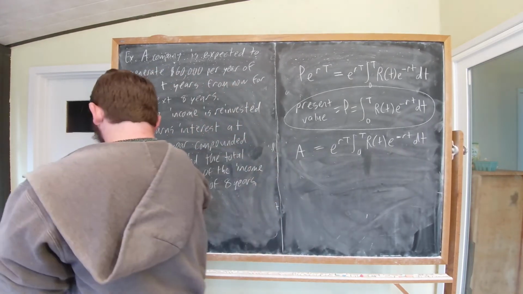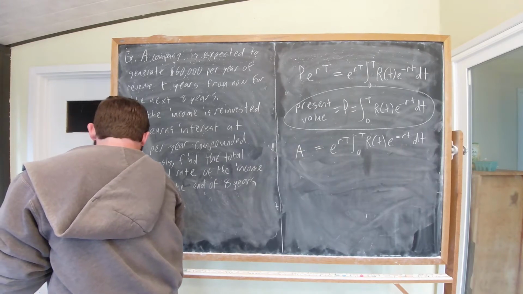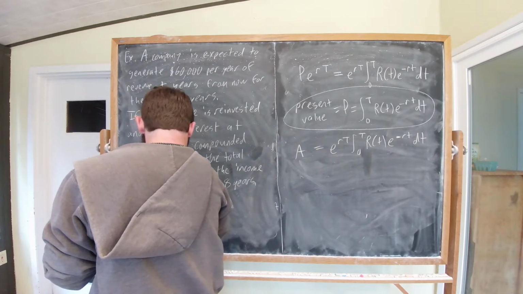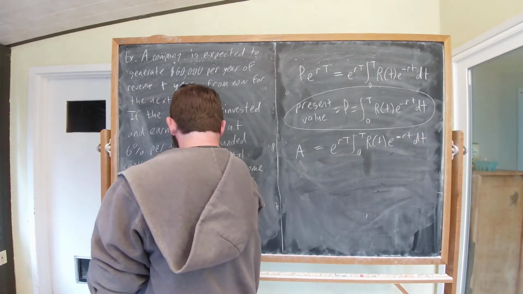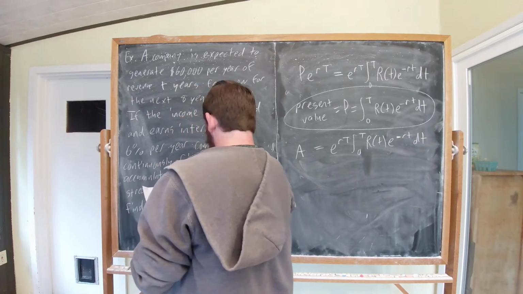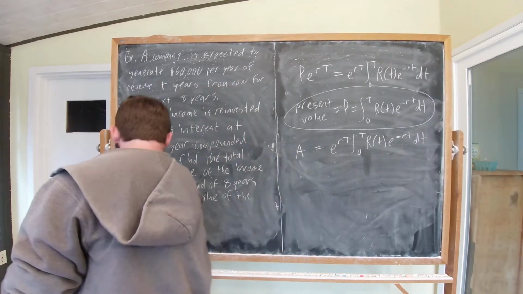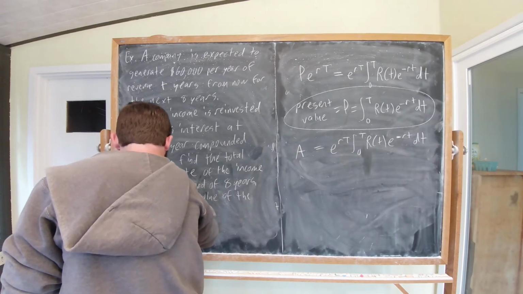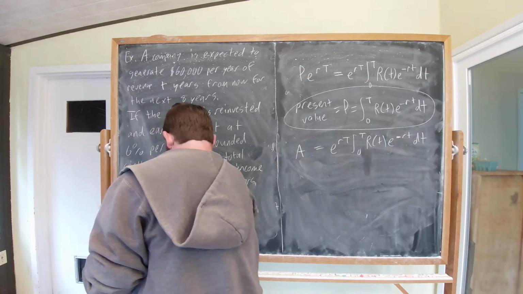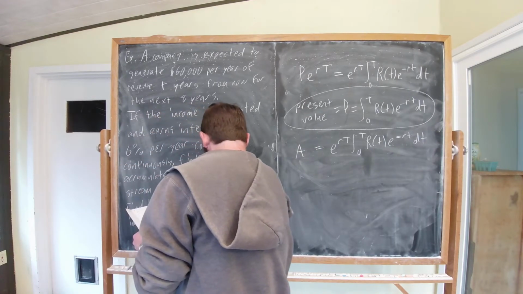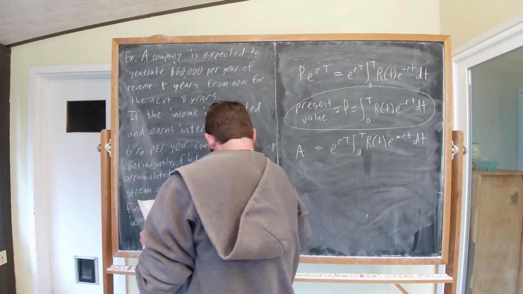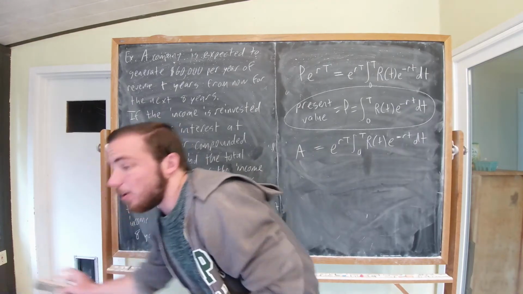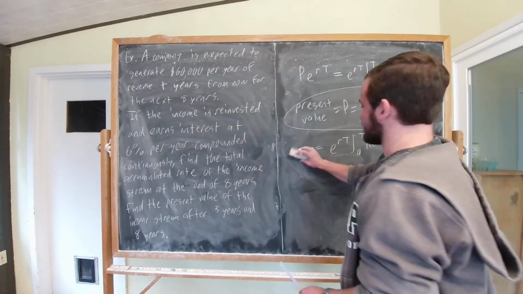Let's also find the present value of the income stream after 3 years and 8 years. All right, whole big chunk of words right there.